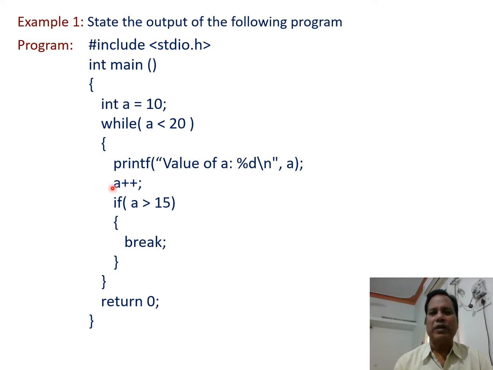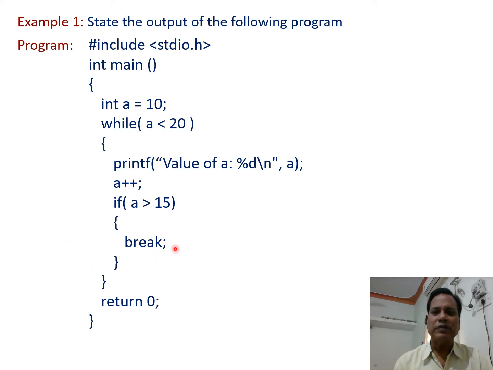Then here we find the if statement. So in if statement, if a is greater than 15, so naturally this condition is false. So condition is false means we do not execute the break statement. So control again goes to test the condition.